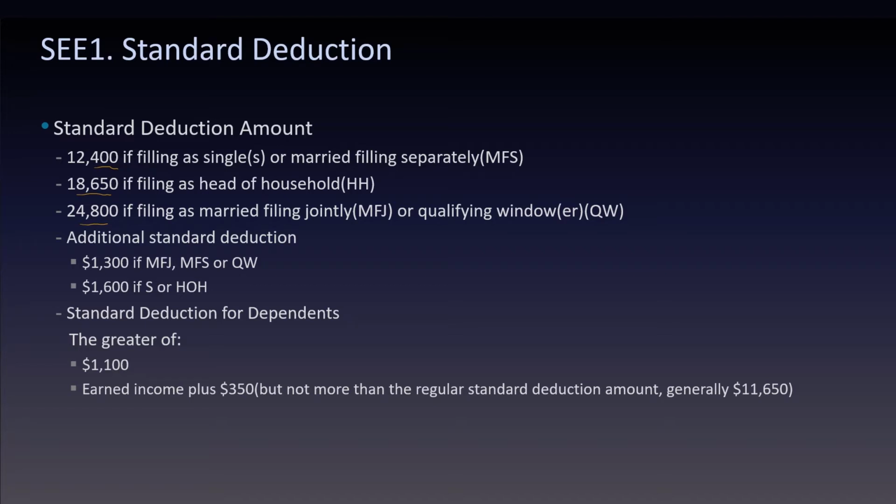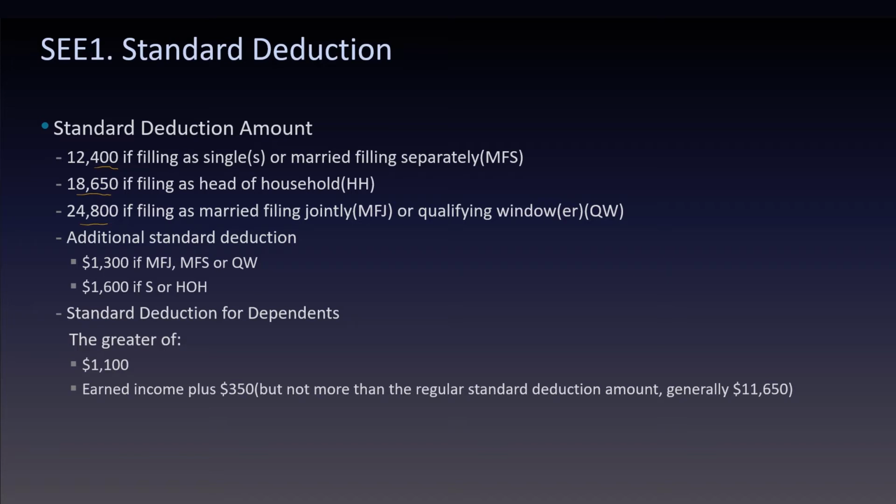You also have an additional standard deduction based on age. If you are 65 years old or older, you may increase your standard deduction by $1,650 if you are single or head of household.